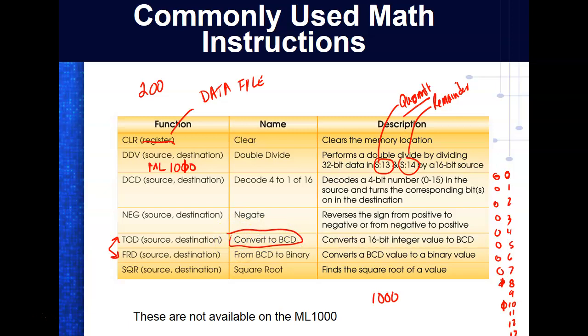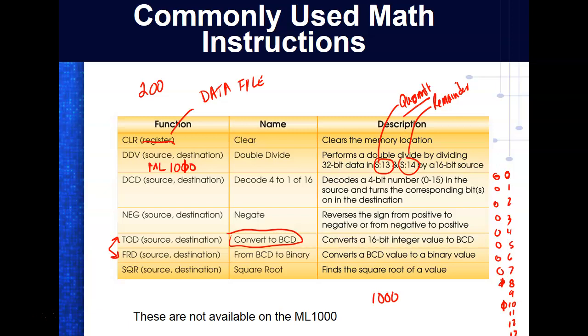It even gives the PLC the ability to convert from binary to BCD or BCD to binary, so it can communicate with who? You. With you, not the machine. The machine doesn't care. It's you that wants everything to be in what? Decimal.